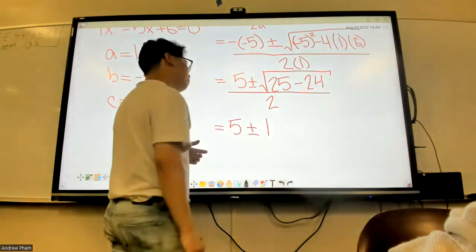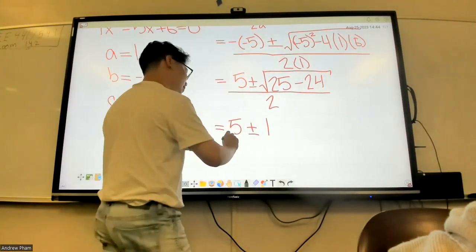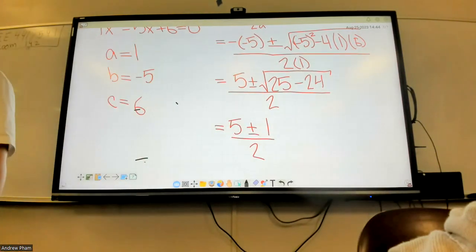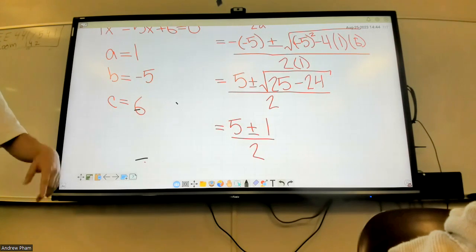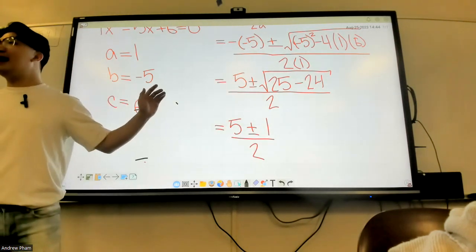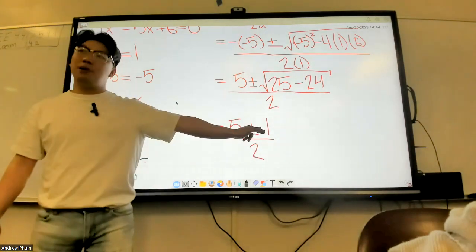So this is 5 plus or minus 1, all over 2. All right, so now I can take this a step further because 1 is a pretty clean number. I have to do 2 different ways. One where I do 5 plus 1, and the other one where I do 5 minus 1, because this is plus or minus.